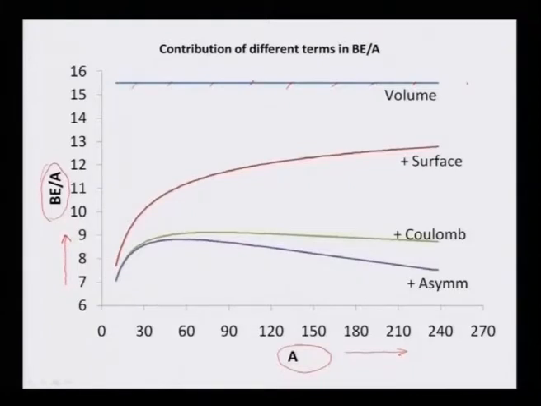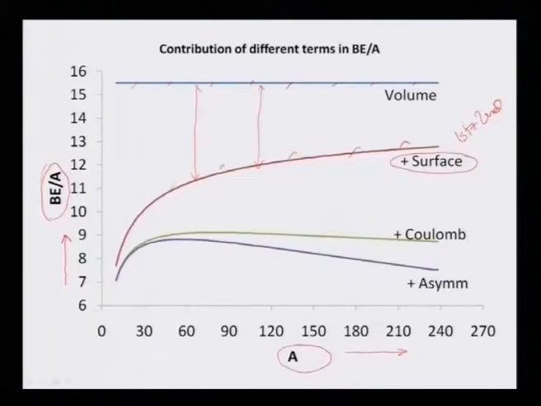Then, when you add the second term, that is the surface term. A is increasing on the x axis. So, you subtract from this AV the term As into A to the power 1 by 3. Remember, it is binding energy divided by A that is plotted here. So, when you take the first and second terms together, you get this curve.